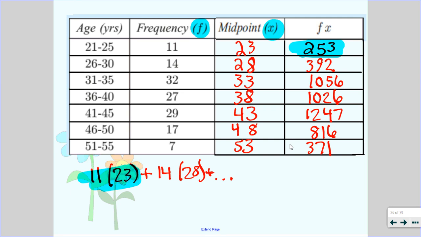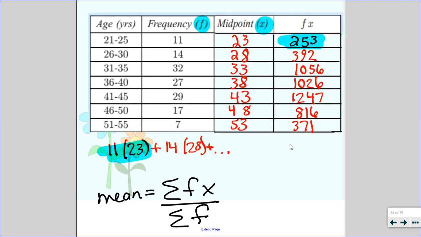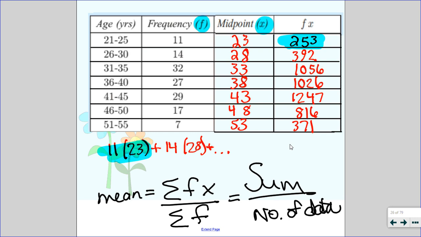So what this does is it builds finding 11 times 23 into the table. A formula for the mean is the following: the sum of fx over the sum of f. In other words, the total sum over the number of data points.